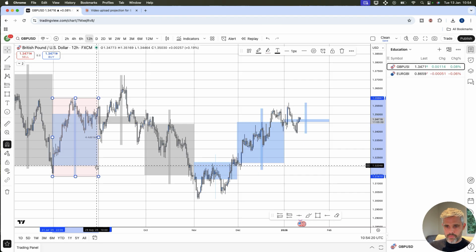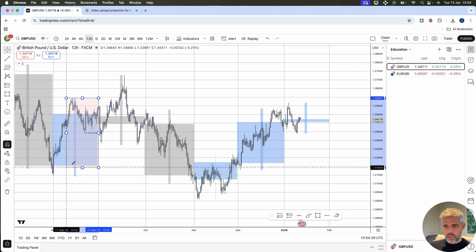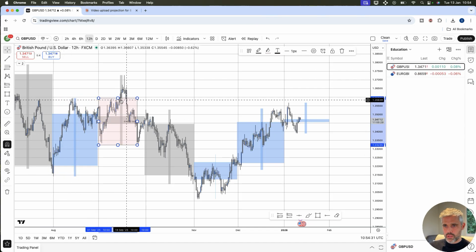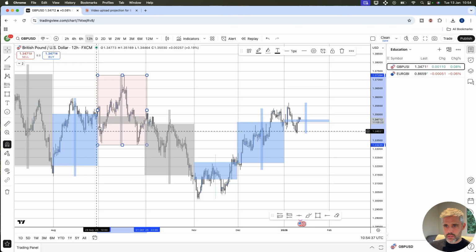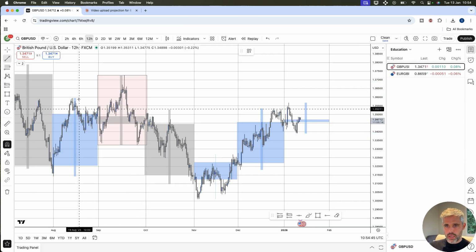This was the opening price of the candle. And then this was the closing price, and this was the high. And what happened in the next candle? We saw price trade higher first, above the previous candle high, and then close inside the candle's range.